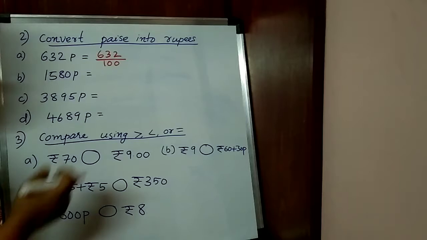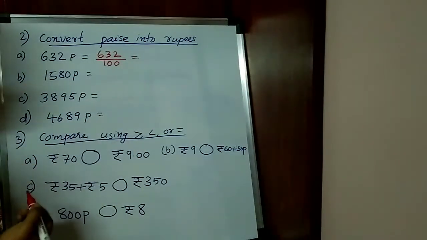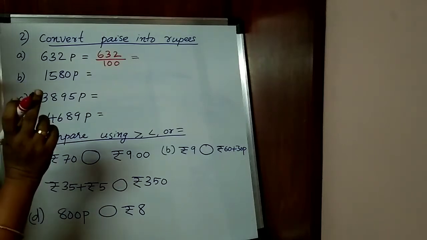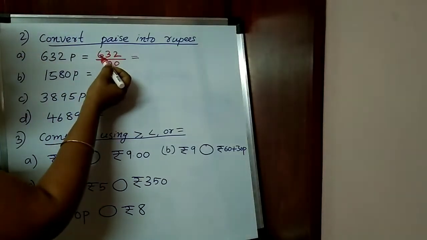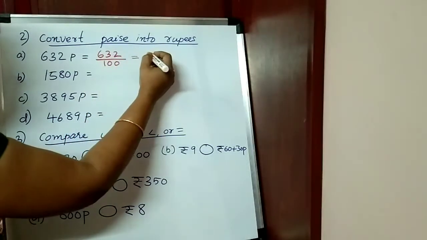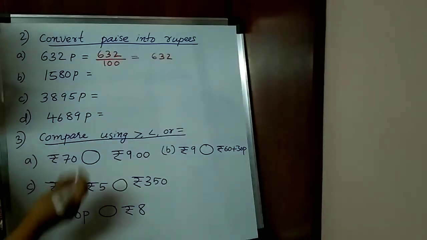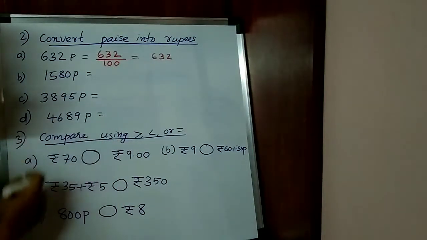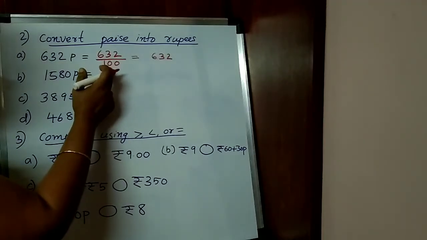In decimals, that chapter you already studied. How will you divide this number? What is the easy way? You just write the numerator. Which is the numerator here? 632. You simply write that 632. Then you count in the denominator how many zeros there are. In the denominator there are 2 zeros.